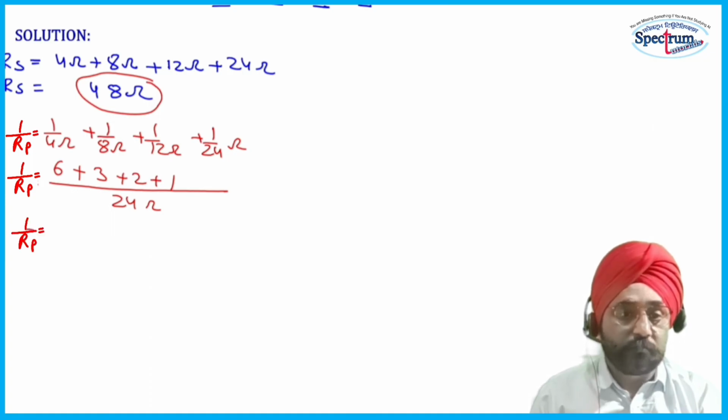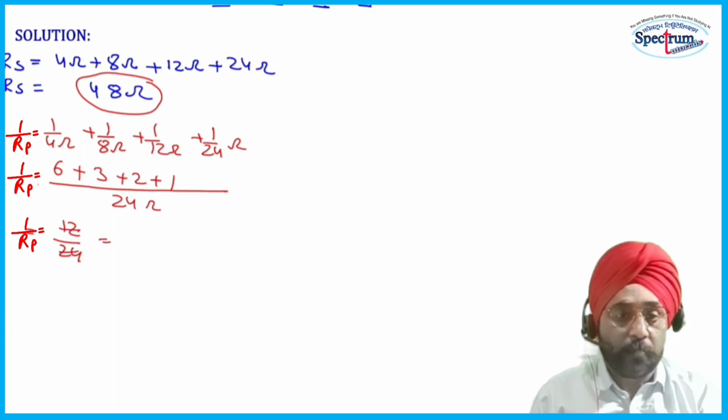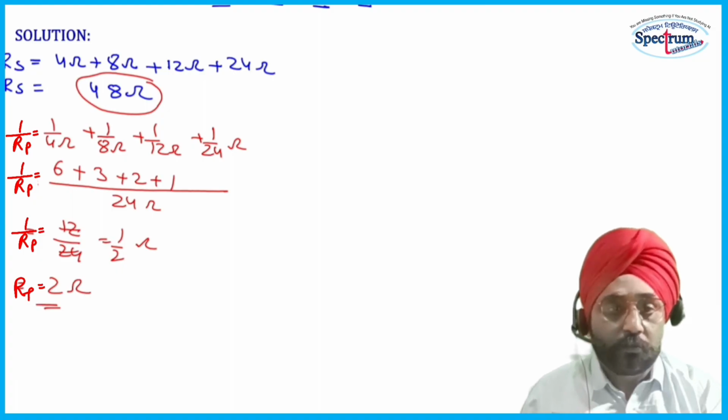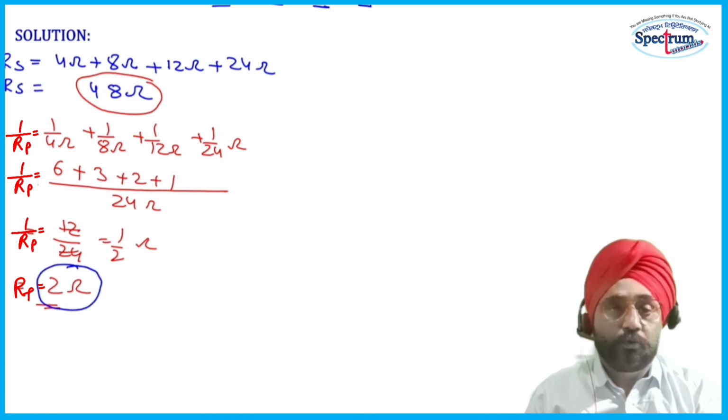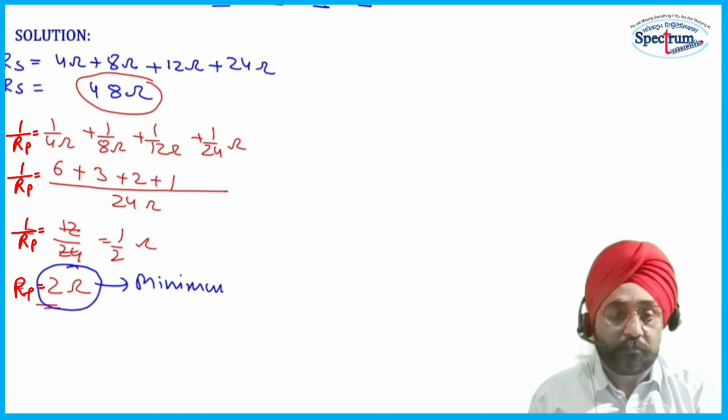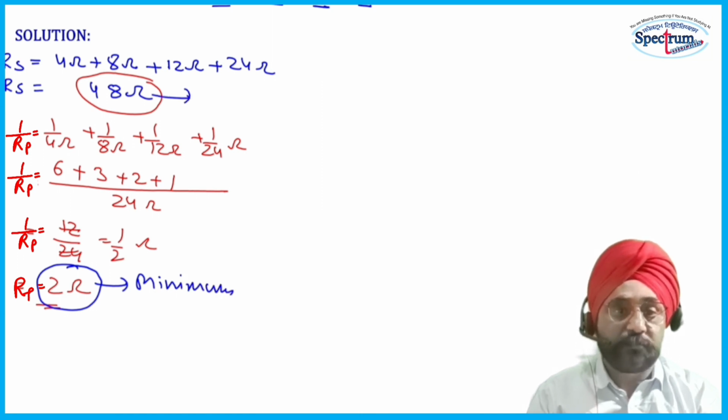This comes out to be 12 over 24 ohm, that is 1 by 2 ohm. Taking reciprocal, RP is equal to 2 ohm. When combined in parallel, we get 2 ohm resistance. So minimum resistance is 2 ohm and maximum resistance is 48 ohm.